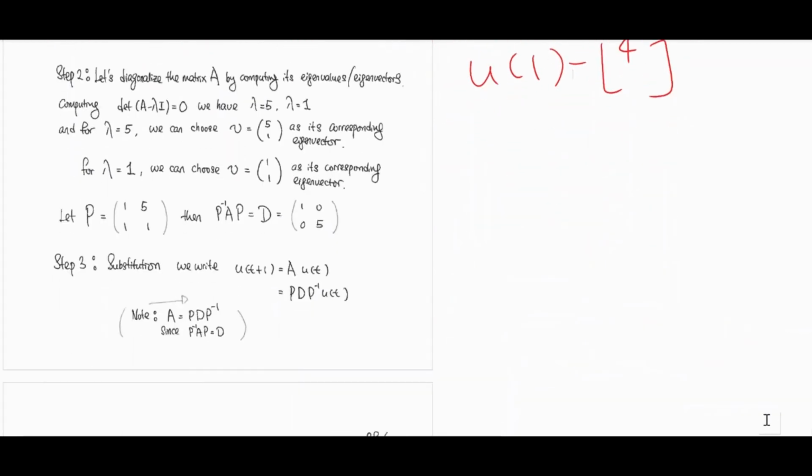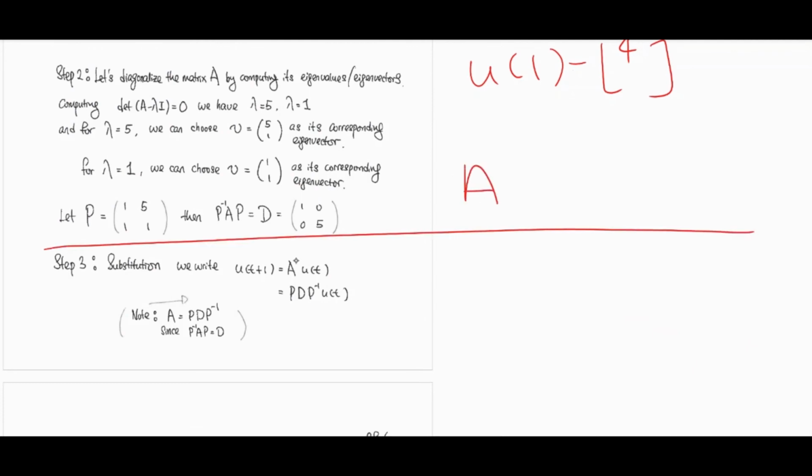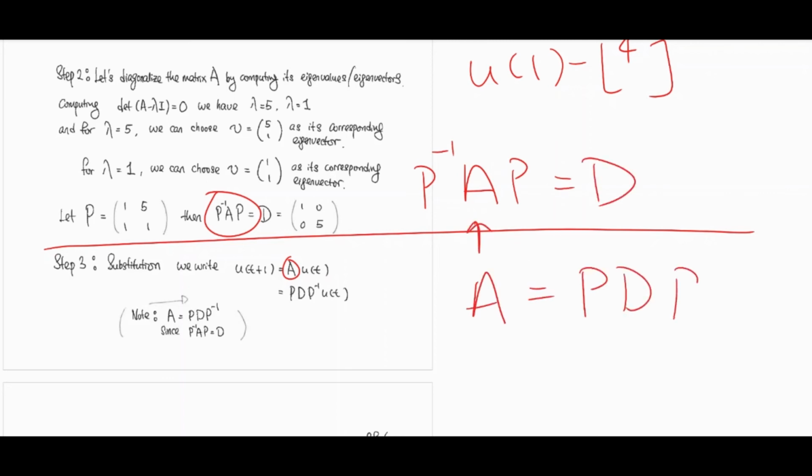Once we have that, we are going to resubstitute. We originally have A in the matrix here. Since P inverse AP is equal to D, A is PDP inverse. You're going to substitute it into here.